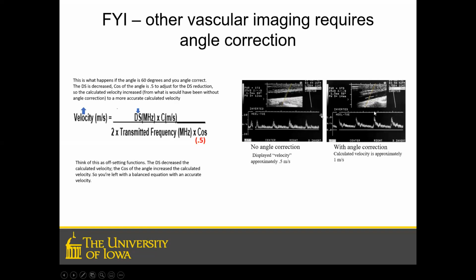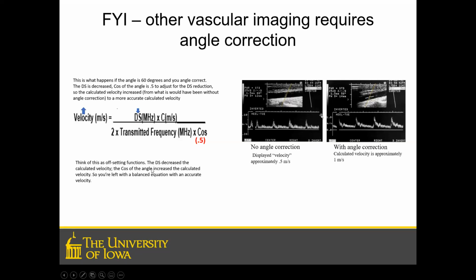And when we put an angle correction on the Doppler beam, we're telling the instrument we're at roughly 60 degrees, okay? And so the instrument puts the cosine of 60 degrees into this equation to correct for this reduced Doppler shift so that we get a more accurate velocity, okay?